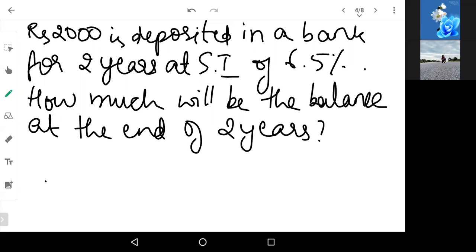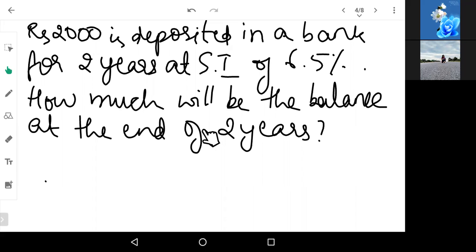So 2000 rupees is being deposited in a bank for 2 years at a simple interest of 6.5%. They're giving me the simple interest value, 260. So this 2000 is kept in the bank for 2 years with 6.5% interest. Now they're asking what is the total amount that we will get at the end of 2 years.